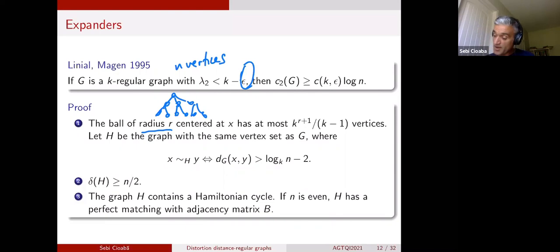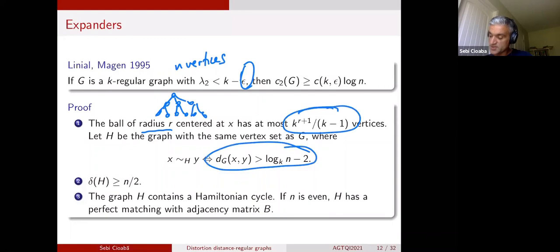Now by these definitions, it's not very difficult to show that if you pick the right number here and you do this calculation, then for every vertex X, you look at this ball, you look at all the vertices at distance at most log n minus 2, and there are going to be many vertices here that are far apart from it.